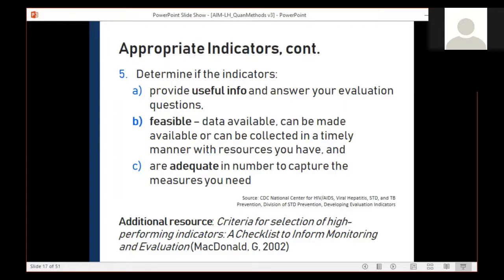And then, are they adequate in number to really capture the measures that you need? I included this resource at the bottom. This checklist is a very extensive resource on indicators. And it's really helpful to use at the earliest stages of planning to inform and spark discussion regarding options for indicators.